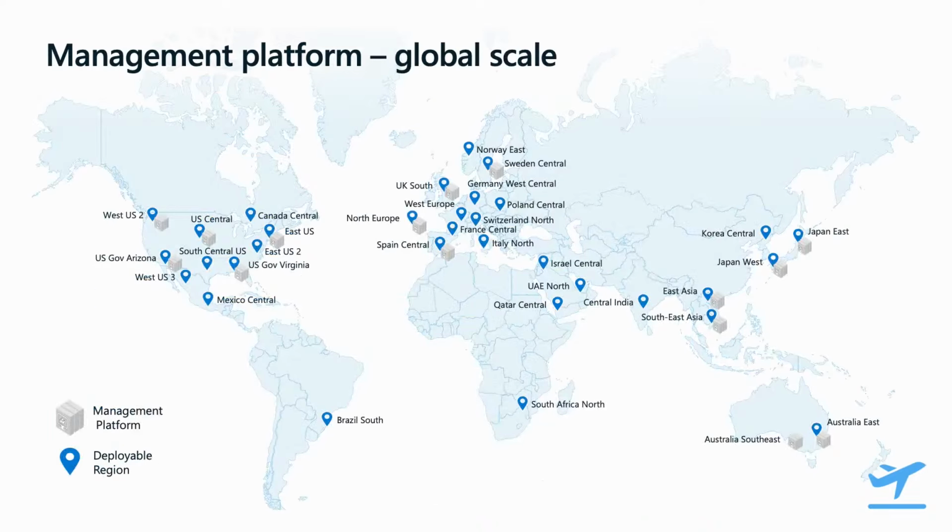And again, like before, just to complete the total picture, this slide just shows that the blue icons here are the locations where you can go and deploy your Cloud PCs, and the grey boxes are the regions that have the management platform running within them. And that's the infrastructure that runs our code, that delivers the capabilities or services into your estate.